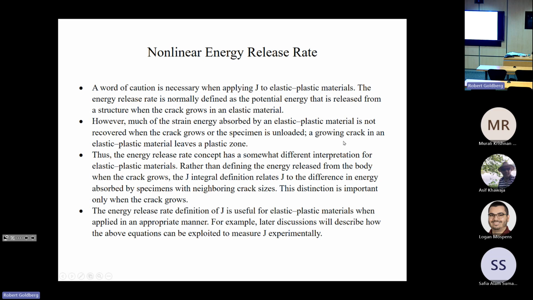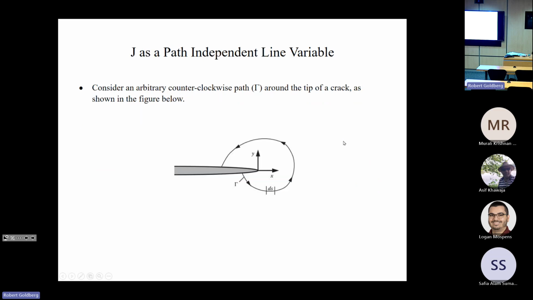But this energy release rate definition of J is still useful when applied in appropriate manners. We'll talk a little bit later about measuring J experimentally, where this idea of the energy release rate is still useful.